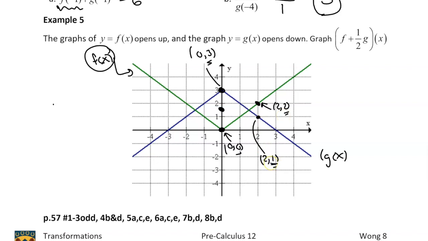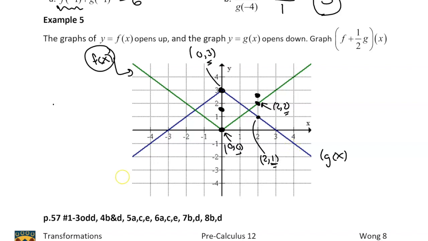Half of 1 is a half, plus the 2 would make a total of 2.5. And so my new point for when I have an x value of 2 would be at 2.5. So I'm taking the 2, adding half to it, right there.